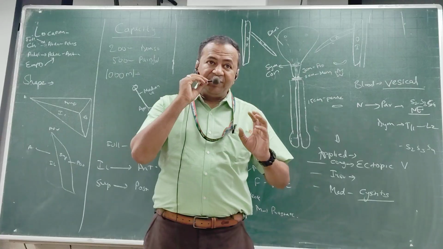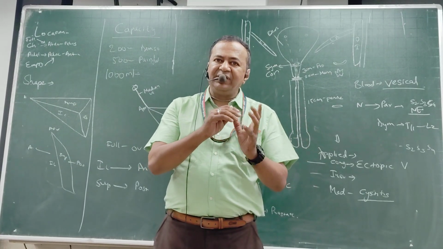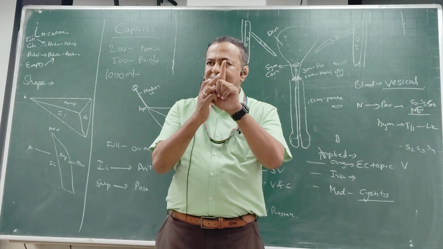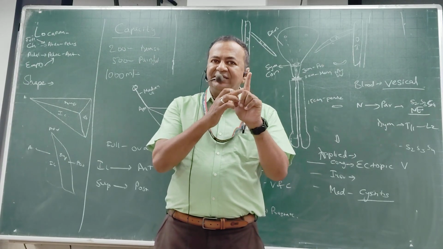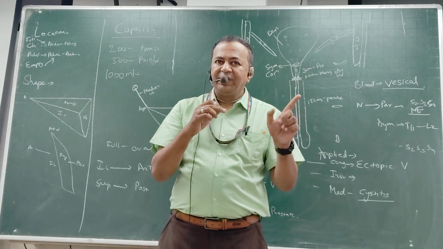This is more common in females. Again, one reason is the urethra being only 3 to 4 centimeters. In males the same urethra is 18 centimeters long.